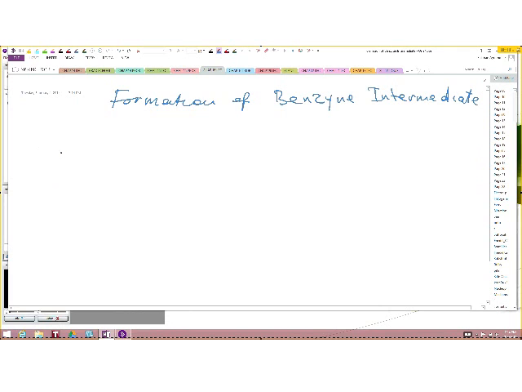If you take this, in this case also you need a good leaving group like a bromine or chlorine attached to benzene. Say we have bromine here, and we also have hydrogen here. In this case, at very high temperature and pressure, this is more of an industrial method, not a laboratory method.